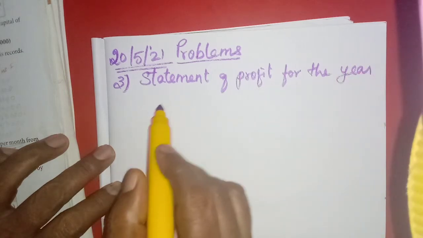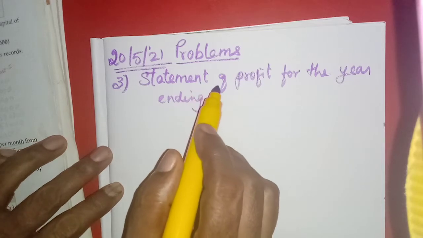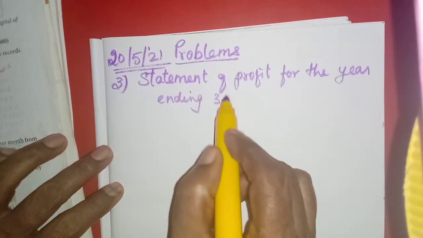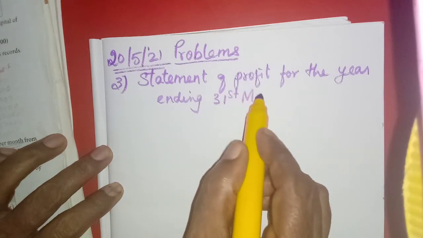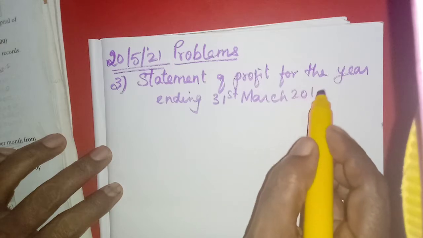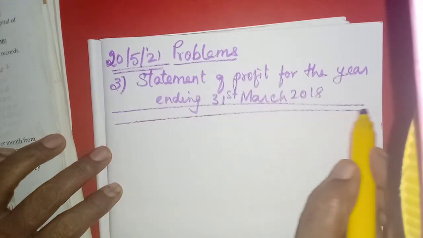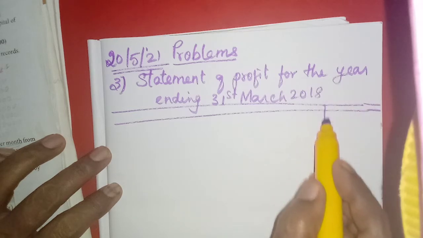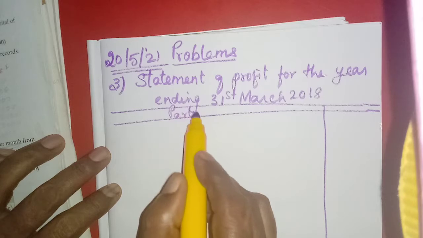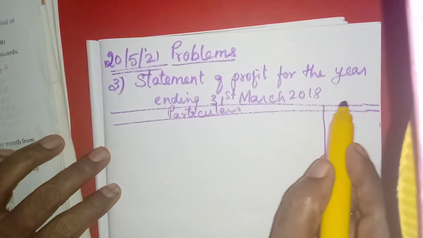Okay. For the year ending 31st March 2018. Okay, then particulars, rupees. Right, particulars, rupees symbol alone you put.